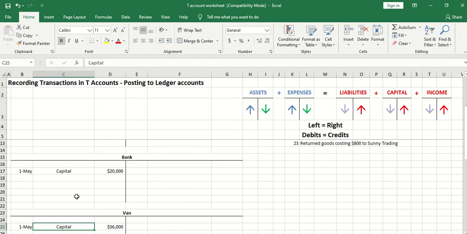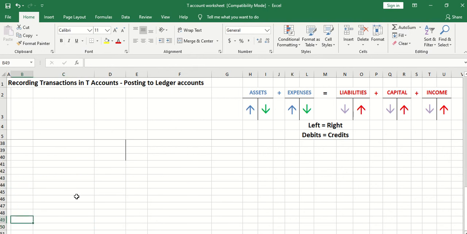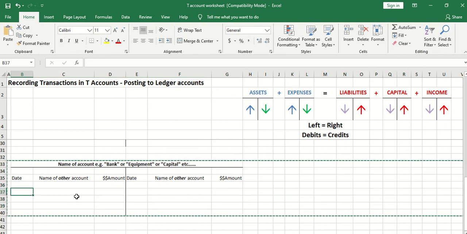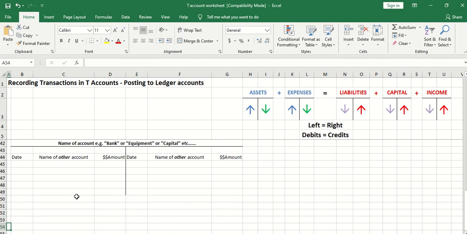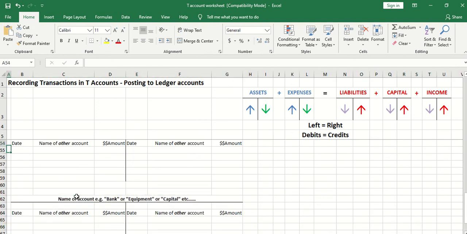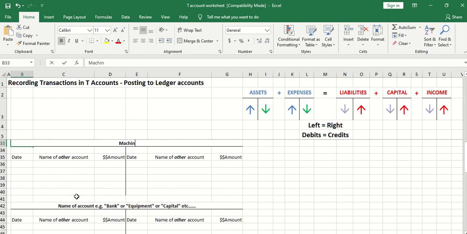So let's create a machinery account. I'm going to need a lot more accounts, so I will just copy and create more accounts so I don't have to keep coming back to it. So I need my machinery account.